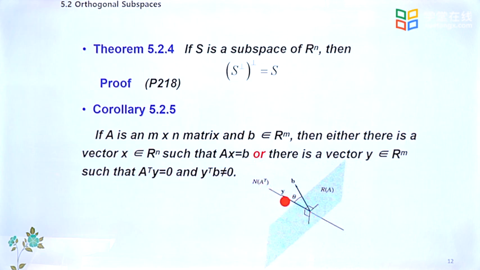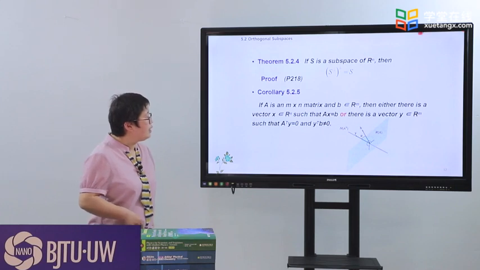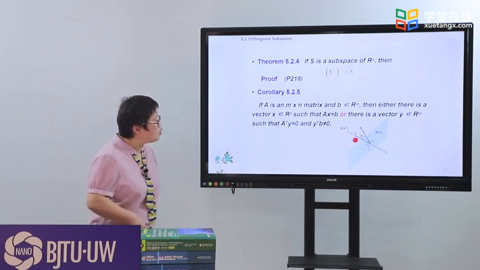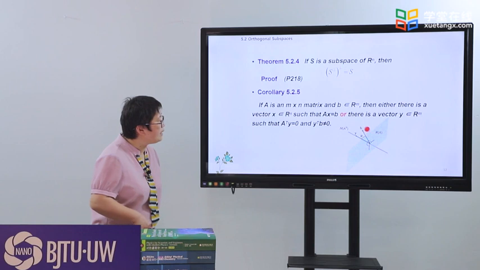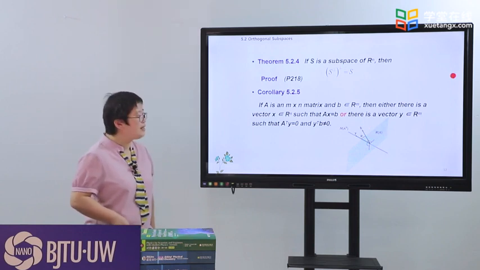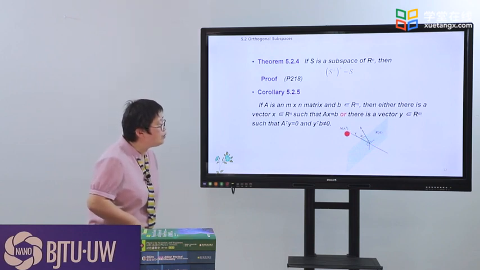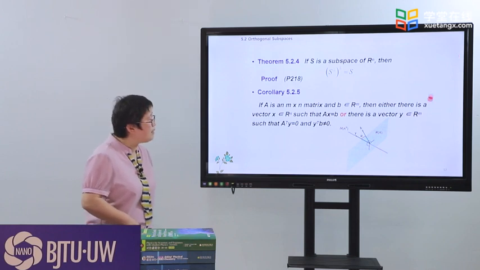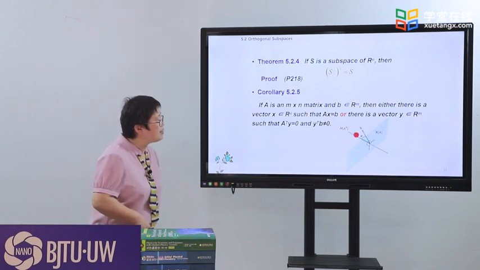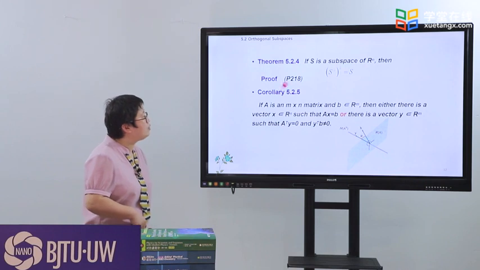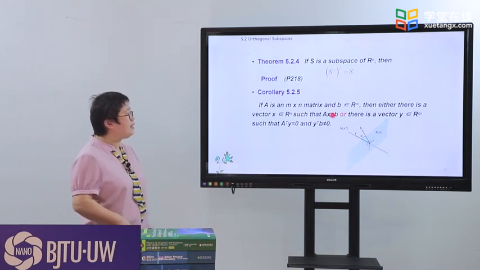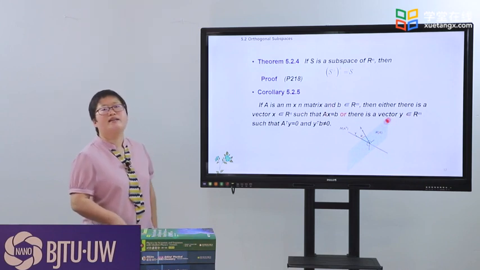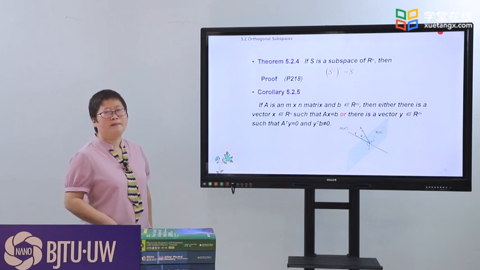This means this vector y is in the null space of A transpose, and y transpose b does not equal 0. This means b is not in the range of A. If b is in the range of A, of course b transpose y = 0. So this corollary just means that either b is in the range of A or not.